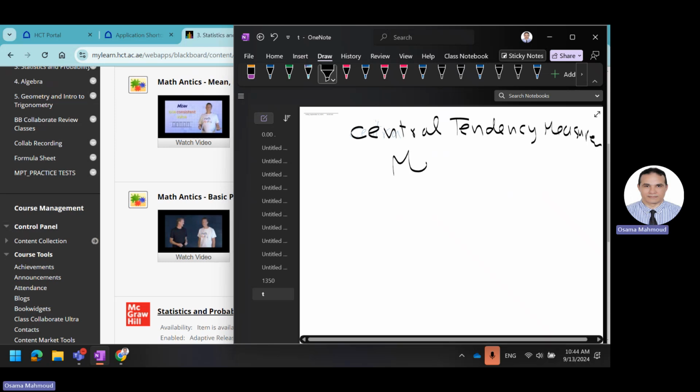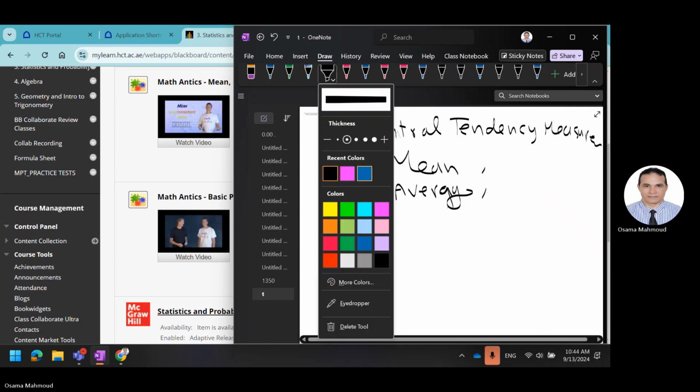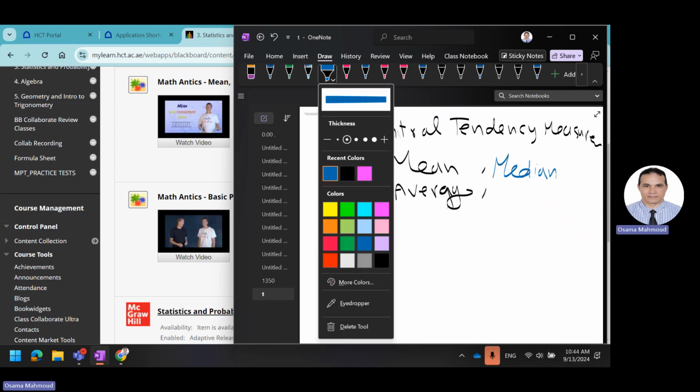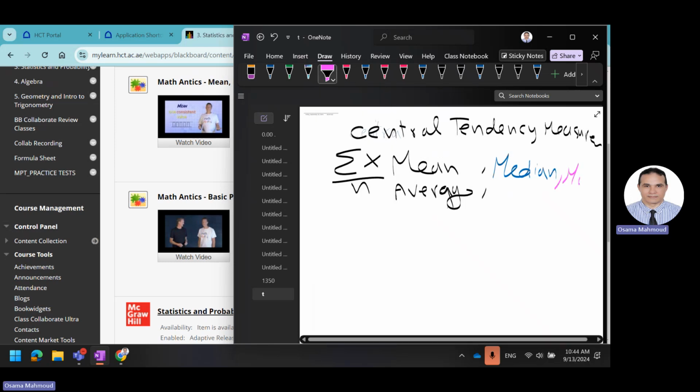They call it the mean, or sometimes they call it the average, so as not to be confused. It's the same as the mean. You sum the data and divide it by the number of data, right? And the other one, they call it the median. And the last one, we call it the mode. These are the central tendency measures.